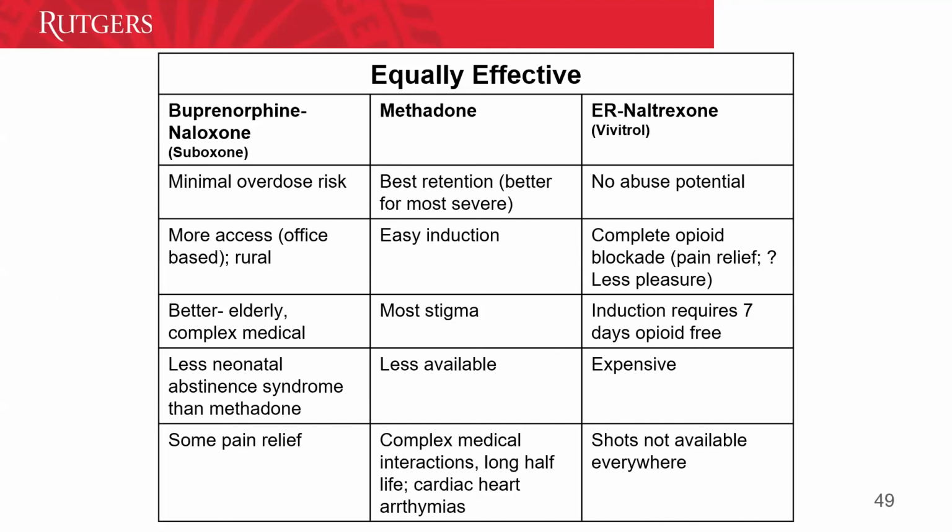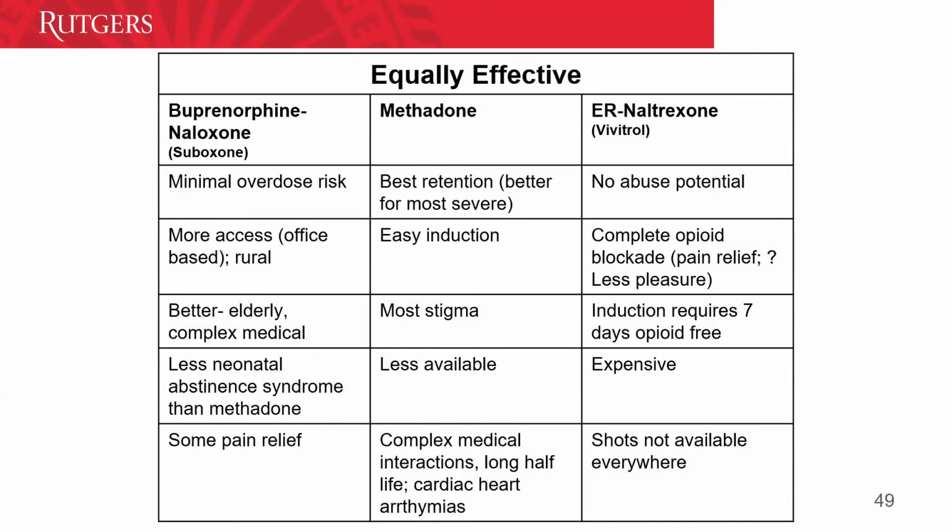So we discussed 3 options so far for our medication-assisted treatment. We discussed buprenorphine-naloxone, also known as Suboxone, methadone, and extended-release naltrexone, or Vivitrol. All work about the same for abstinence, craving, and treatment retention. Methadone has been shown to be slightly more effective for the more severe cases.